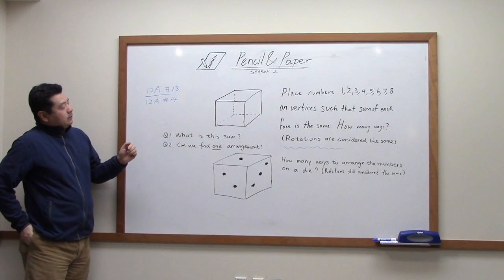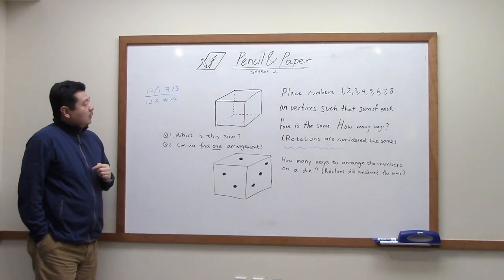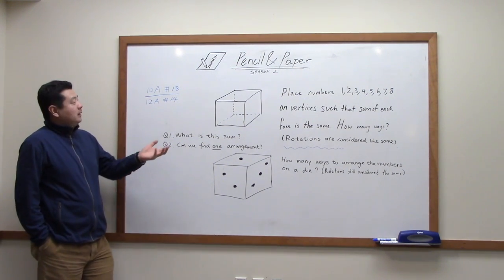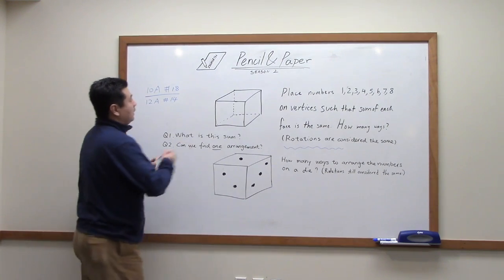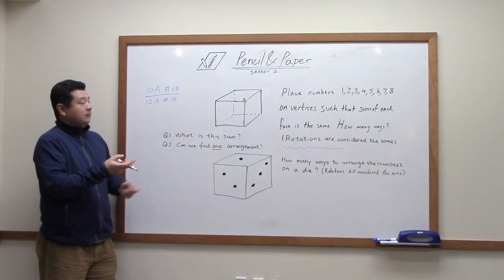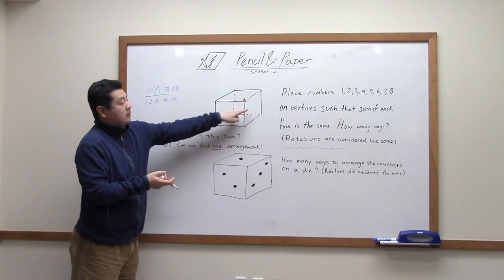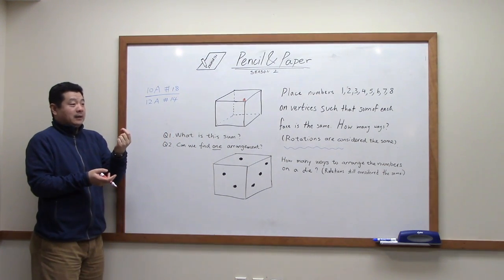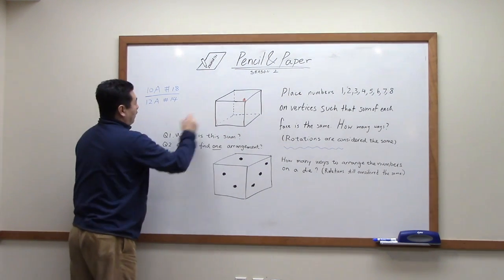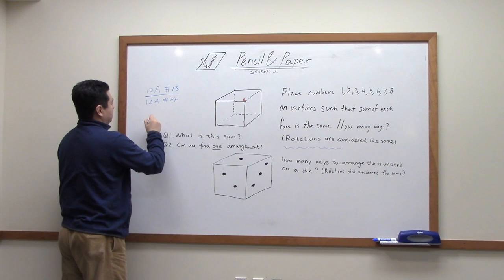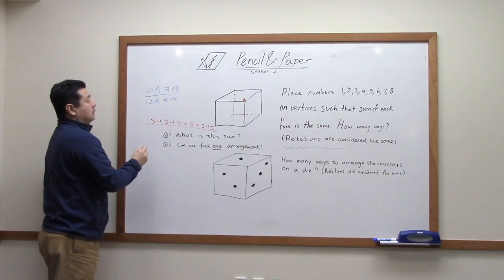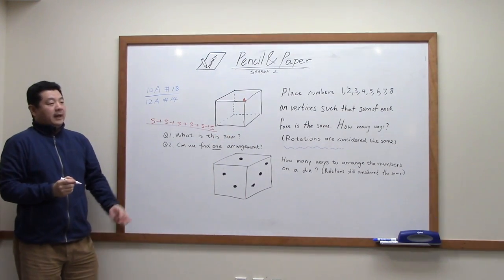So we answer our first question, what is this sum? Well, this is a very typical calculating 2 ways problem, right? You look at the number A, let's say A, how many times does it contribute to a sum? It contributes 1, 2, and 3 times, because each vertex lies on 3 faces. So that means if I add all the sums, 6 faces, then each number should appear 3 times.